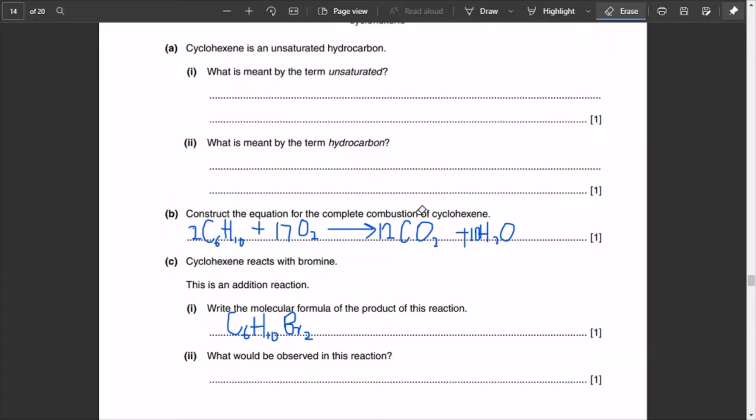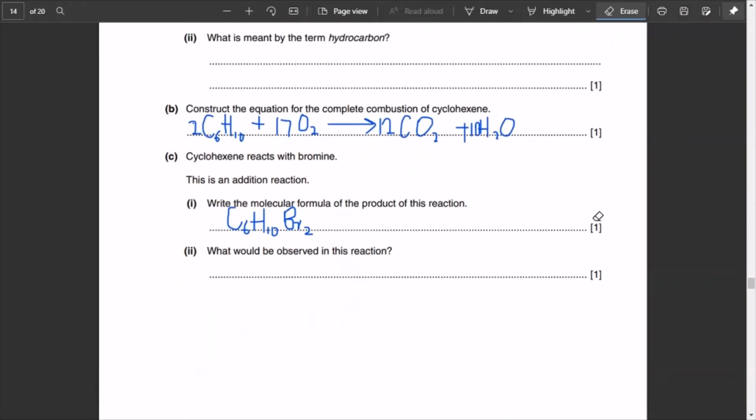The reactants will be given to you in the question, and the products will always be the same in combustion of a hydrocarbon, that is carbon dioxide and water. The only thing you need to think about is the numbers for balancing. That's the challenging part here.